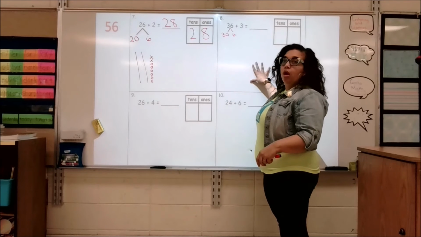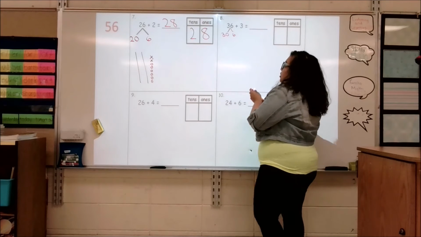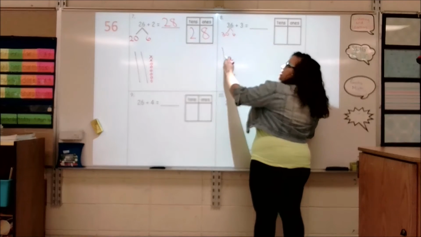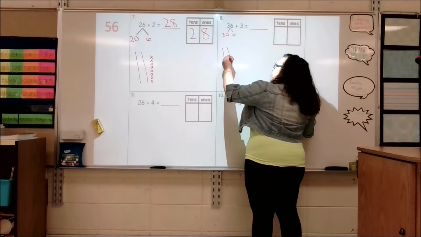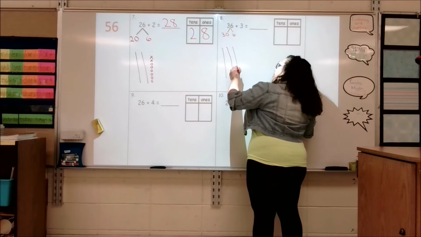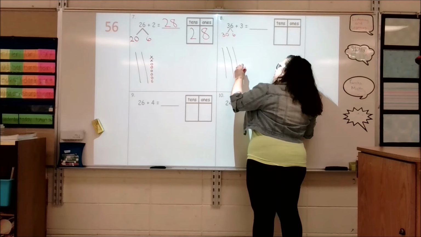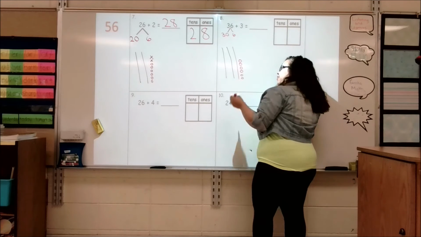Let's go ahead and draw our picture. So we said 3 groups of 10. So count by tens. 10, 20, 30, 31, 32, 33, 34, 35, 36.